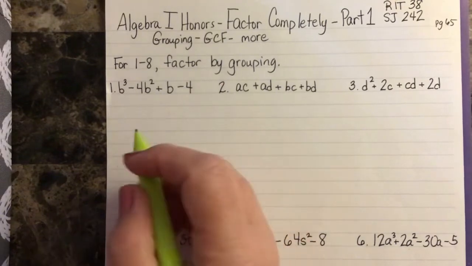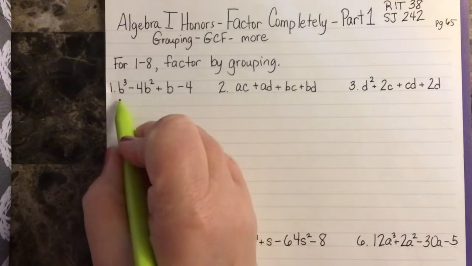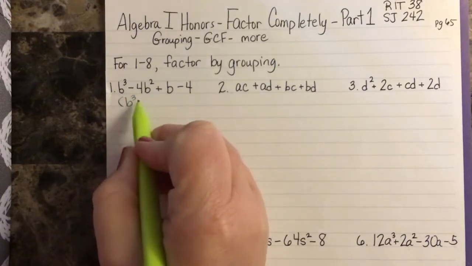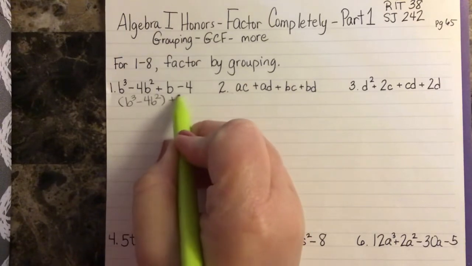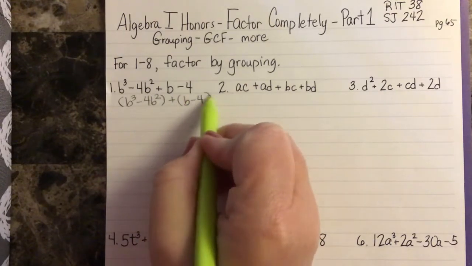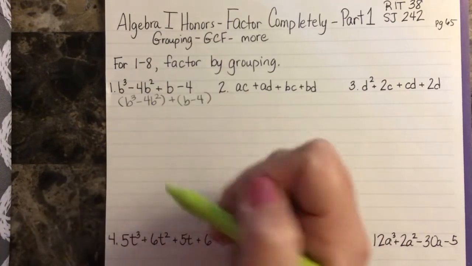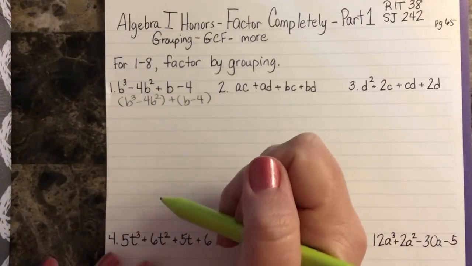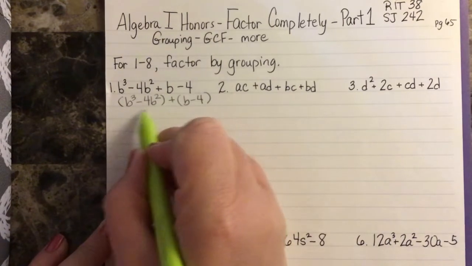Okay, so as I look at this problem, I'm going to group the first 2 terms and the last 2 terms. I'm going to look at each group, each new group, and find a common factor. What does this group have in common?